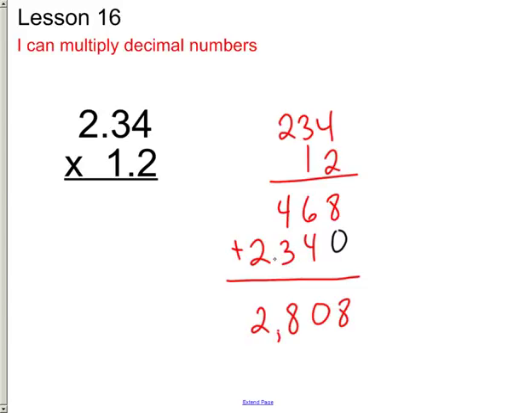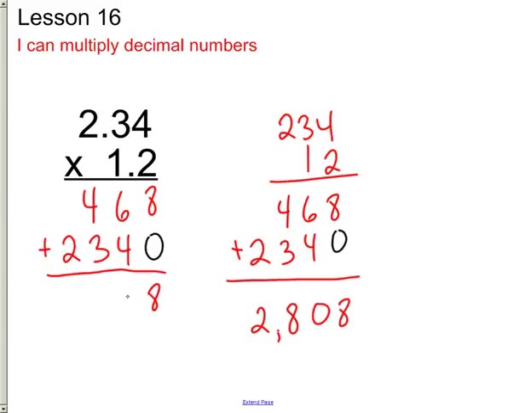Well, again, when we're working with the decimals, we just go through and we treat it as if the decimals don't exist. But then what you do is you count up how many decimal places you have in the original problem.